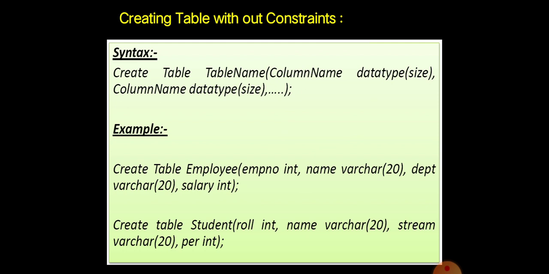Then look at the name column. What is the data type of it? Nothing but varchar. What is the size of it? 20. That indicates in the name column we can enter one value with a maximum of 20 characters.